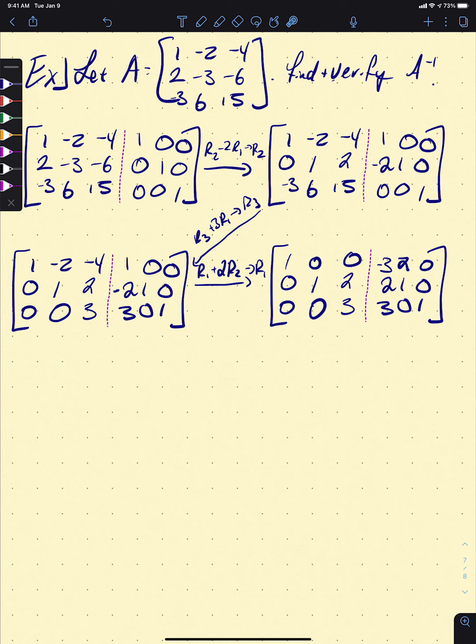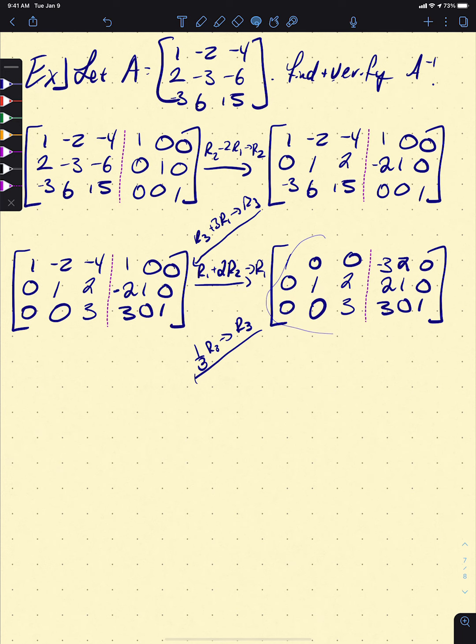Well, now we're interested in clearing this of zeros. And there's a number of ways to do that, but the other thing that we really want is we want this to be a 1, right? Because the first non-zero entry of each row needs to be a 1. And so this 3 needs to become a 1. And the easiest way to do that is simply to multiply row 3 by 1/3, right?